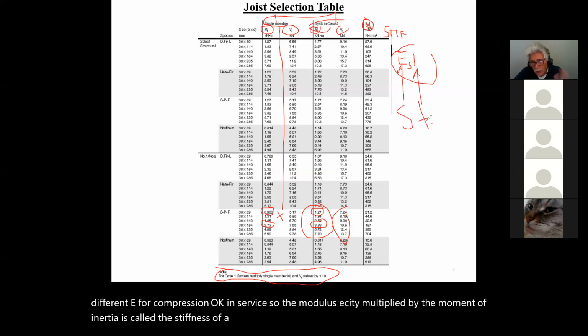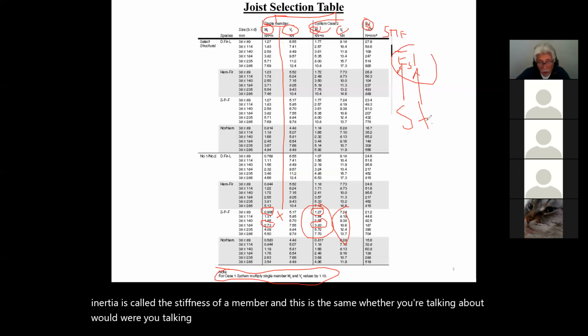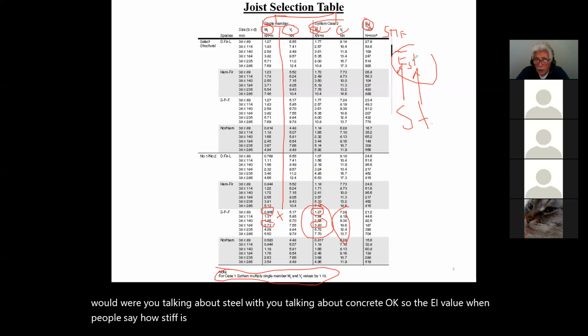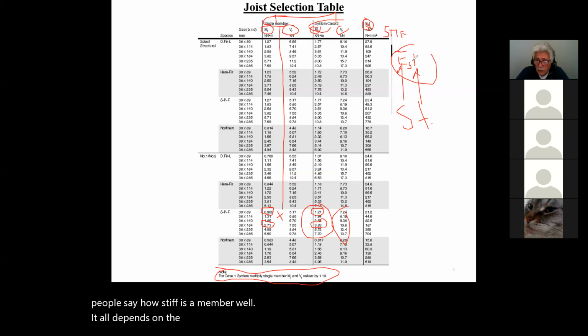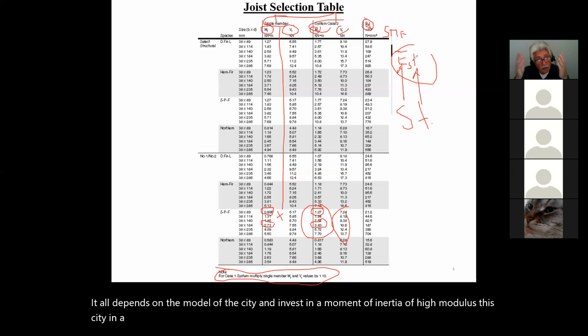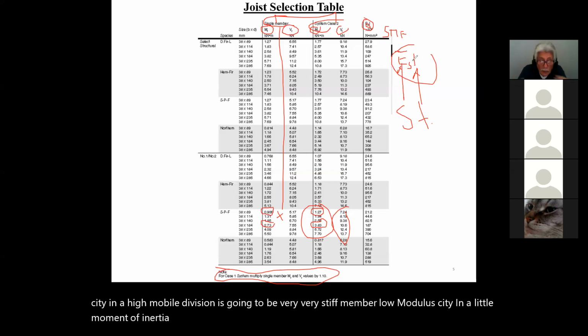And this is the same whether you're talking about wood, steel, or concrete. So when people say how stiff is the member, well, it all depends on the modulus of elasticity and the moment of inertia. A high modulus of elasticity and a high moment of inertia is going to give you a very, very stiff member. A low modulus of elasticity and a low moment of inertia is going to give you a very, very flexible member.